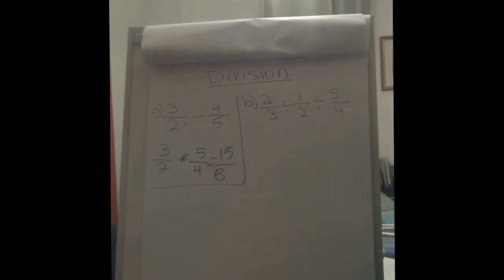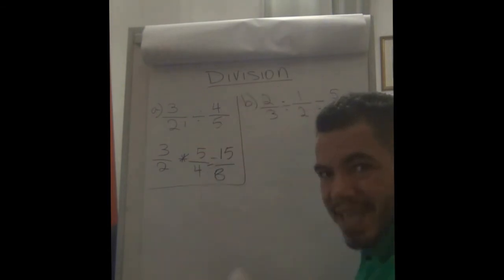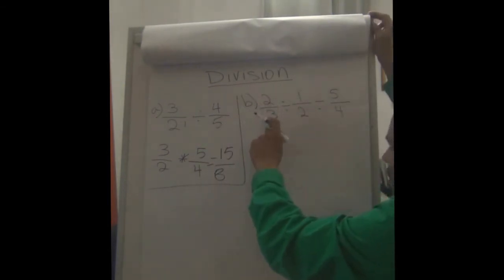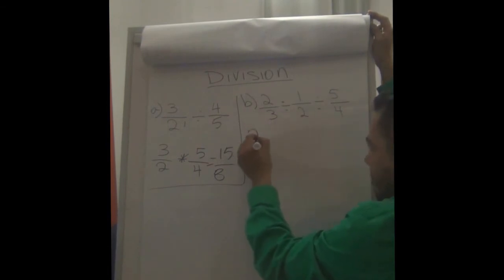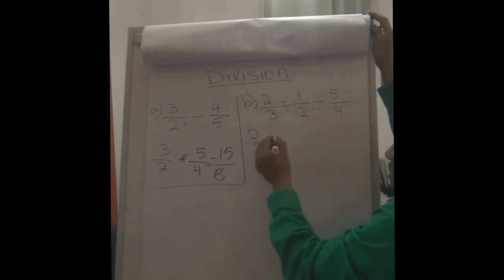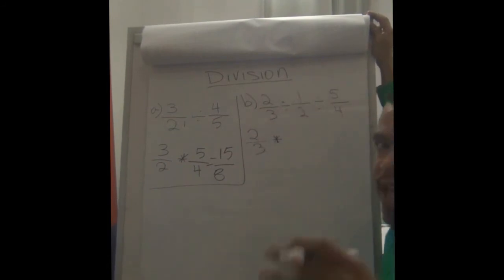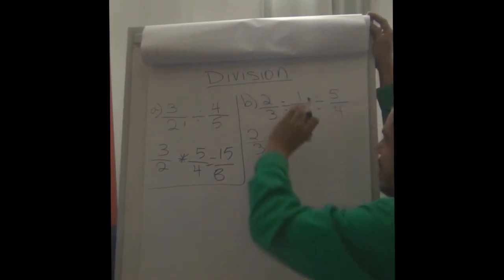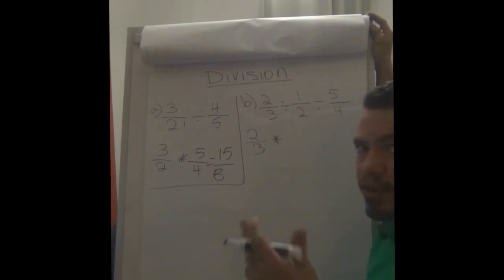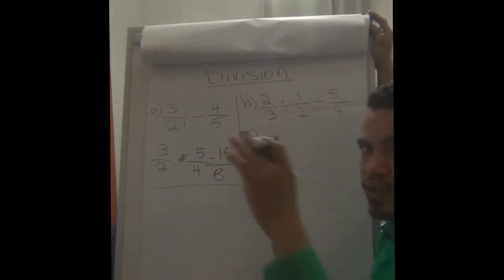Let's say that. What happens then? Well, the same concept applies. You're going to keep the first fraction the same. You're going to change this to multiplication. Now I'm going to use academic vocabulary, so it's not just flipping. You are going to use the reciprocal of 1 over 2. The reciprocal of 1 over 2 is 2 over 1.